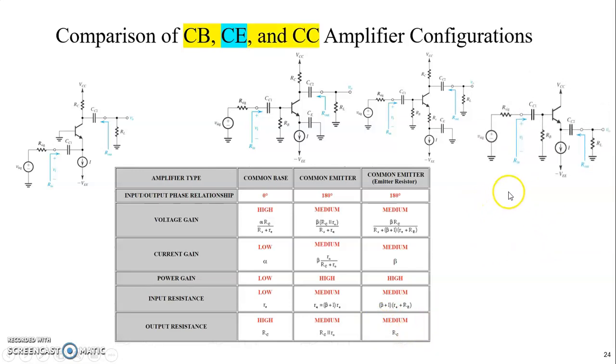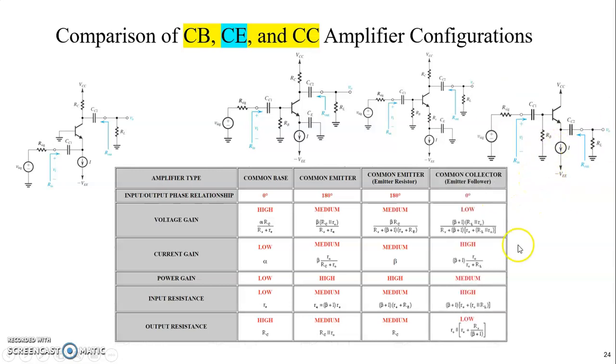Now about the common collector circuit, we already discussed. Here, zero phase shift, no phase shift. Voltage gain is low, 0.99, nearly 1, right? We just saw. Current gain is very high, 1 plus beta times the resistance, right? It has medium power gain, good, because voltage gain is low, even though high current gain can bring the power gain to the medium range.